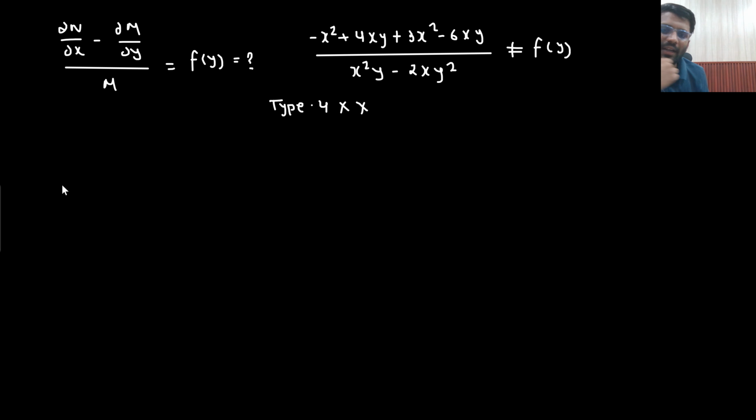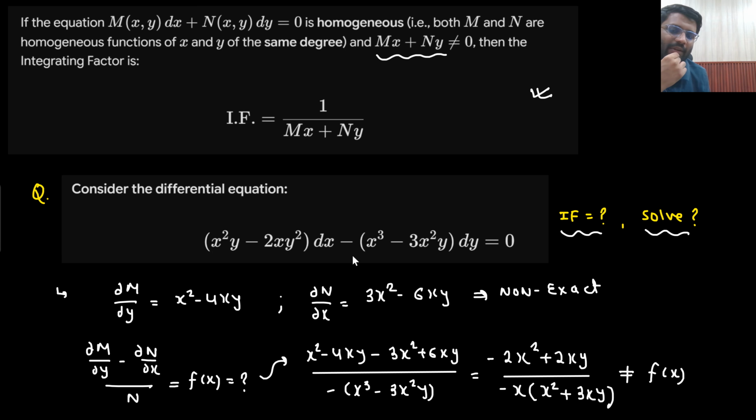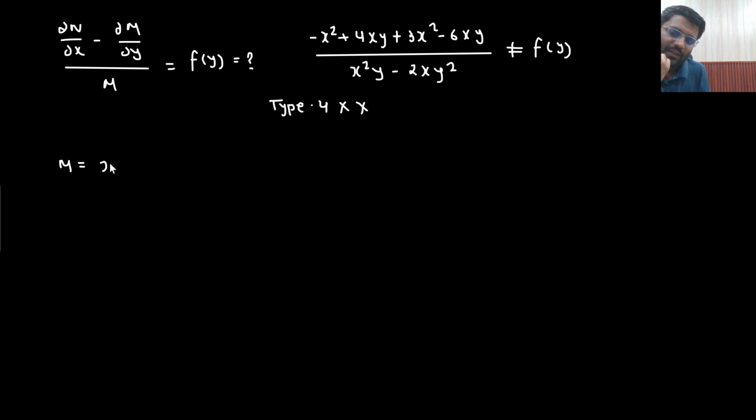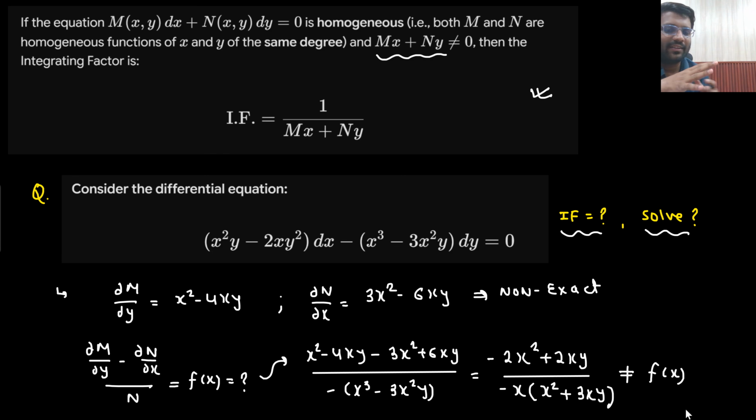Then what will I check? I will examine M and N. What is M? Sir, M is x square y minus 2xy square. What is N? First of all, here there is a negative sign. No, okay, I mixed it up actually. Del N by del x would have a negative sign and this would have a positive sign.